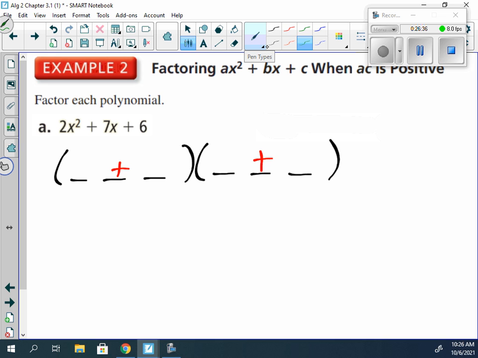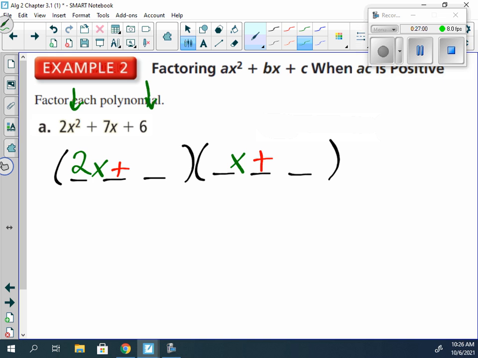Now we need to find the factors of the first and third term. Well, 2x squared, the x would be x and x. The factors of 2 are 1 and 2. Are there any others? No, so I'll just throw a 2 in the first spot.